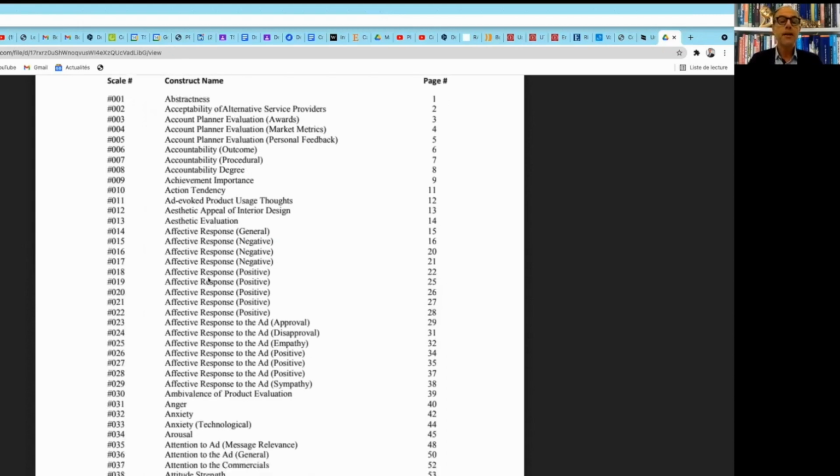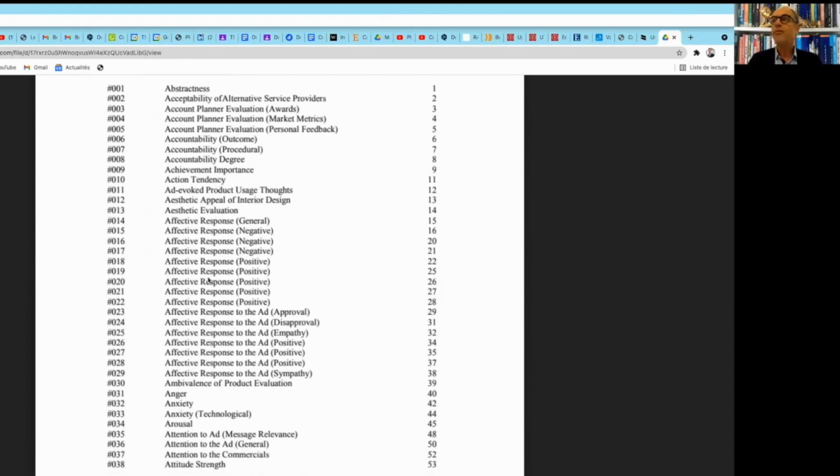So you can see it's actually a lot of concepts which are measured in marketing. For example, here, affective response. What is an affective response? It can be interesting for technology acceptance, because affects are emotions. And so how do we react to technologies? Frustration, it's an affect. Joy, it's an affect. So it might be interesting to have a look at these affective responses.